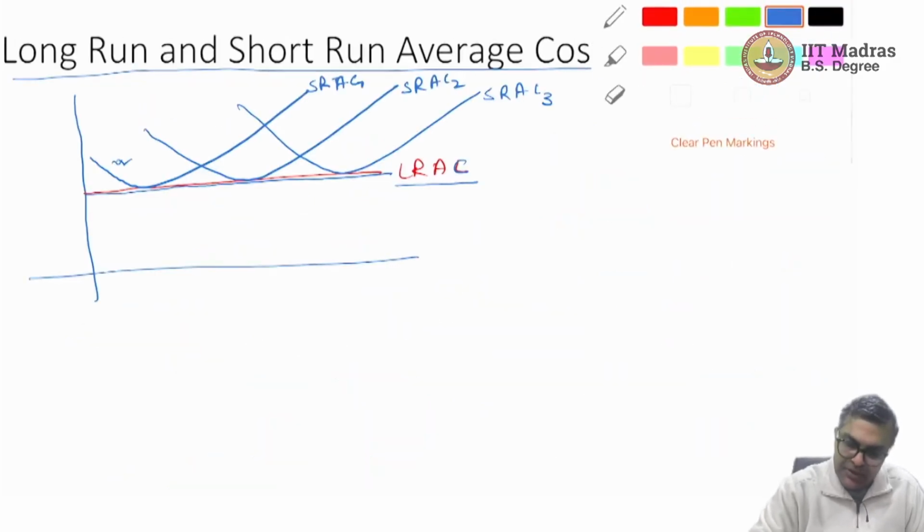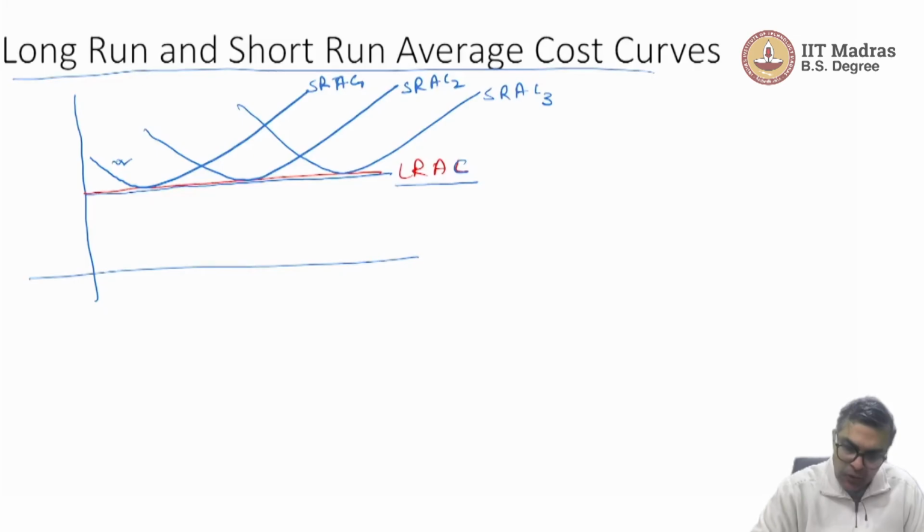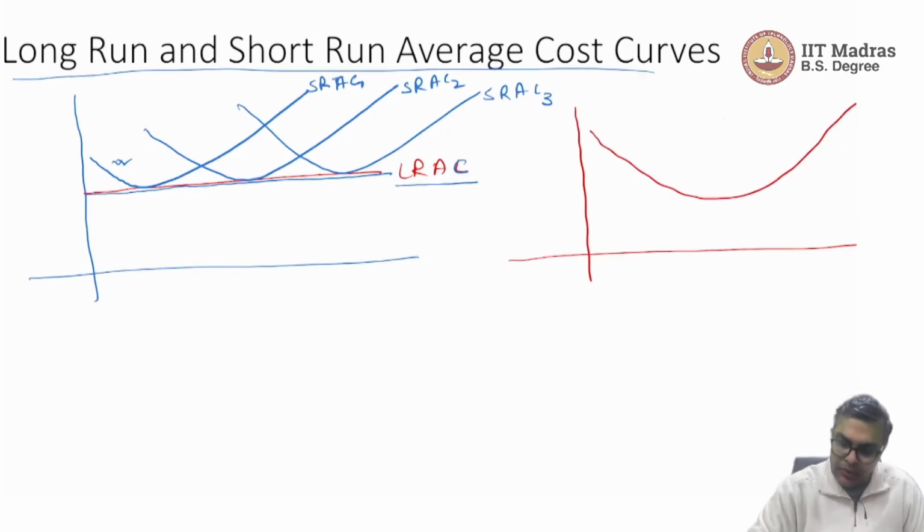The other case we can consider is when the long run average cost itself is first falling and then it is increasing. What we mean is that here in this zone we have economies of scale, and in this zone we have diseconomies of scale. We have discussed them.